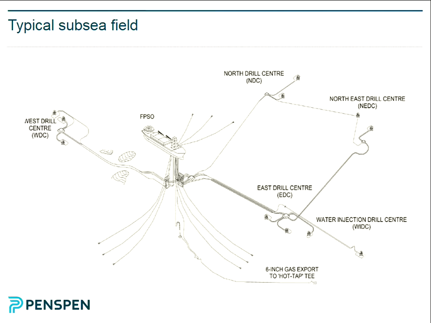This has some storage in itself, so it can produce without a tanker, but very quickly it gets full up and you need to produce into a tanker, basically. So often you see the tanker will be down here, basically.